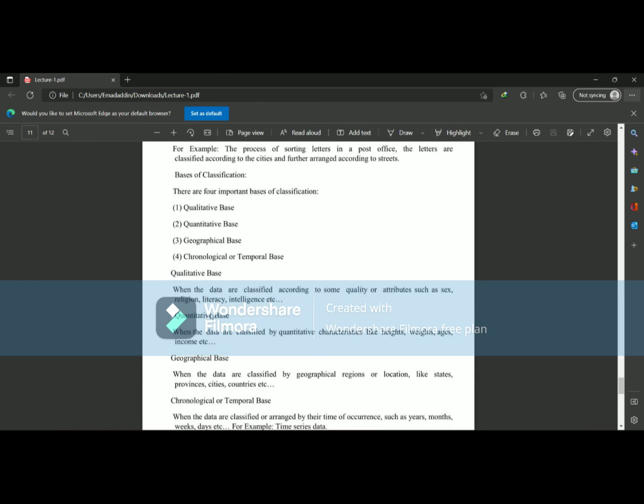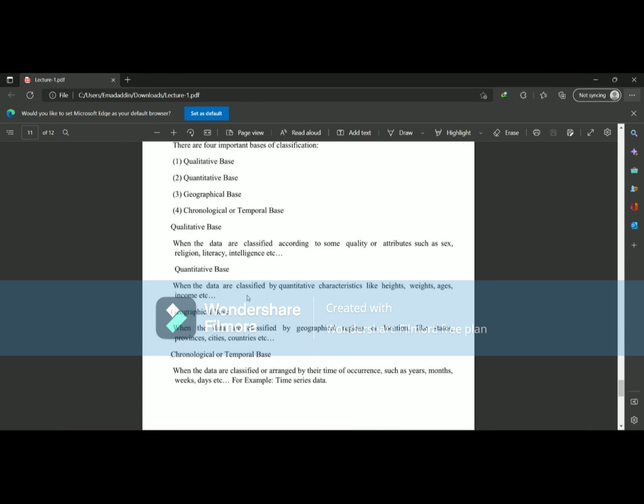Qualitative: when the data are classified according to some quality or attribute such as sex, religion, literacy, intelligence, etc. Quantitative: when the data are classified by a quantitative characteristic like height, weight, age, income. Geographical: when the data are classified by geographical regions or location like states, provinces, cities, and countries, etc.